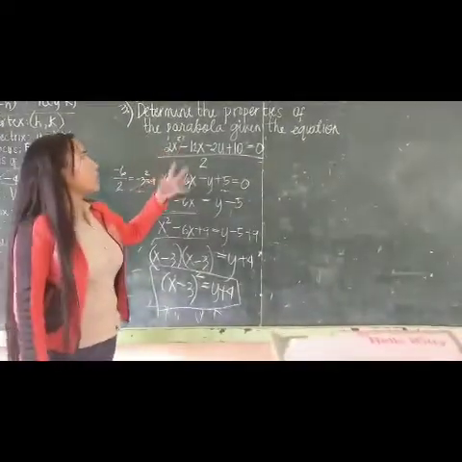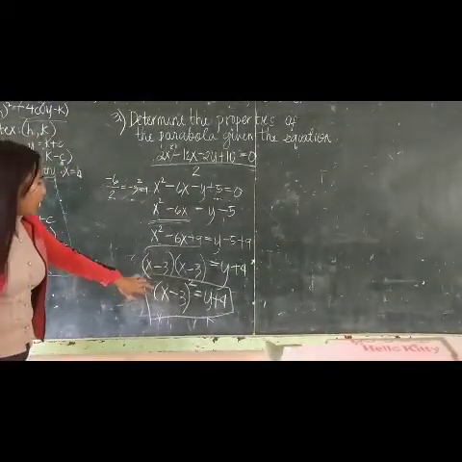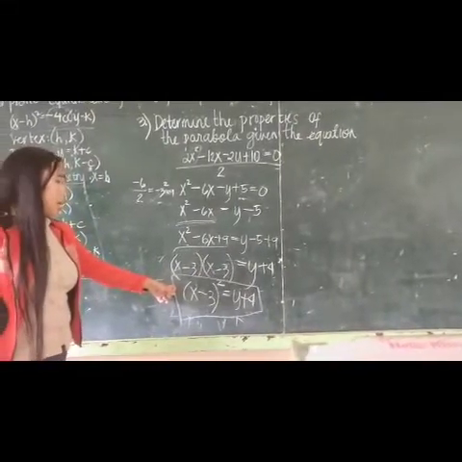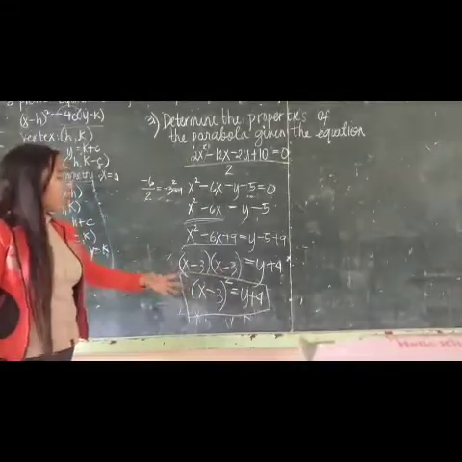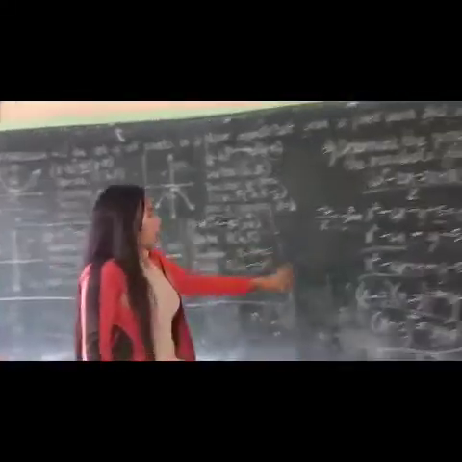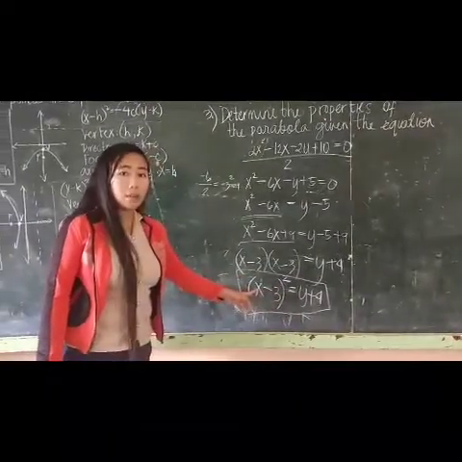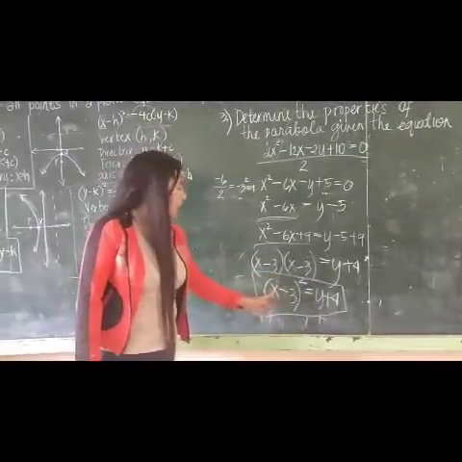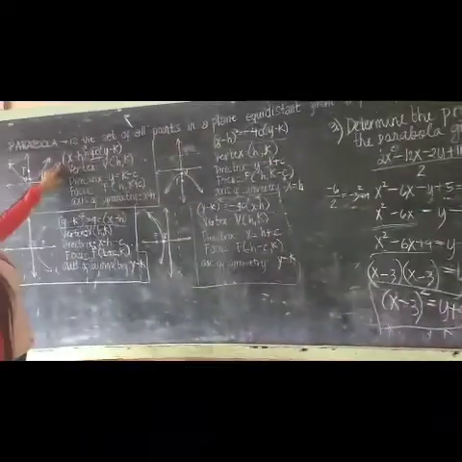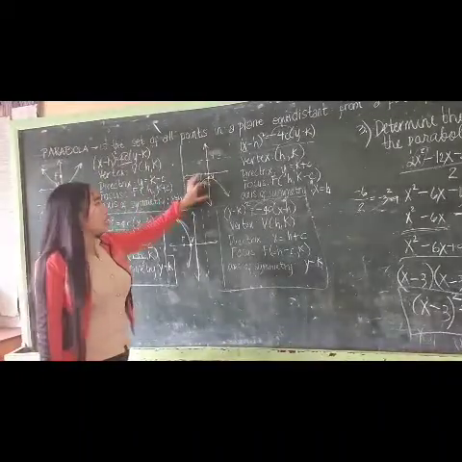So next is, we will determine the properties. But before that, let us determine where it falls, if this opens upward, downward, or left, or opens to the right. So since our square is in the x variable, the second degree is in the x variable, therefore it either opens upward or opens downward.